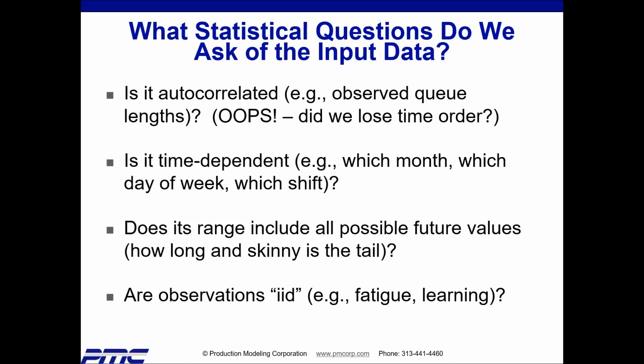Now, what statistical questions do you need to look at relative to your input data? One is autocorrelation. And I deliberately put this one first because it's the one, in my experience, most in danger of being overlooked.